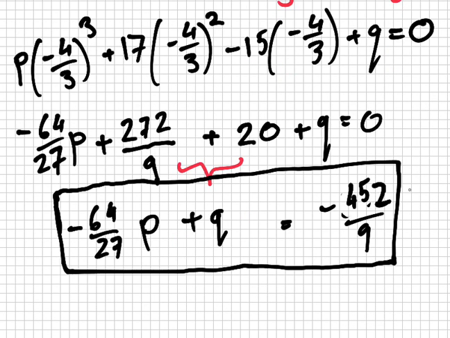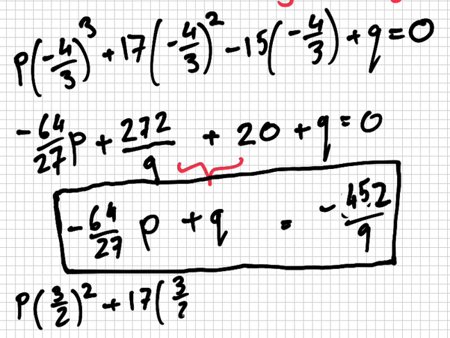Okay, so next, what do we put in next? 3 over 2. So p times 3 over 2 cubed plus 17 times 3 over 2 squared minus 15 times 3 over 2 plus q.